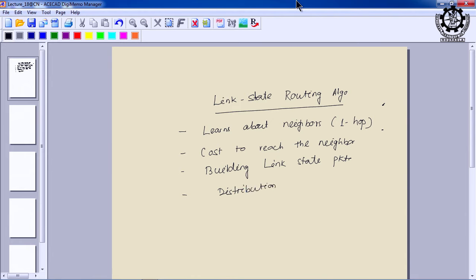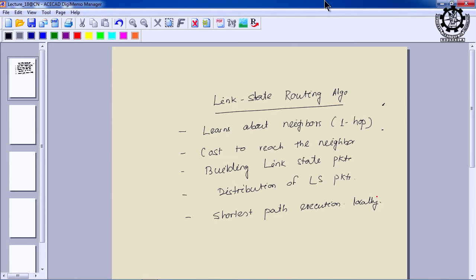And then finally, applying the shortest path or Dijkstra's algorithm locally to find the best path, that is, shortest path execution or implementation locally. So, how is each of these 5 steps executed in the link state routing algorithm?